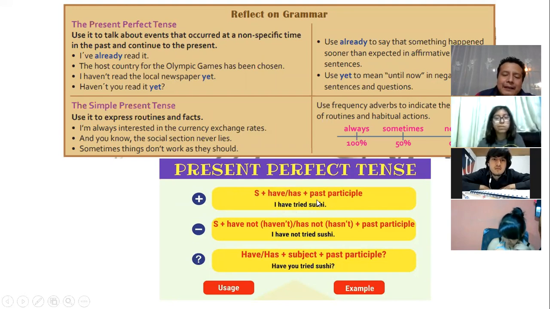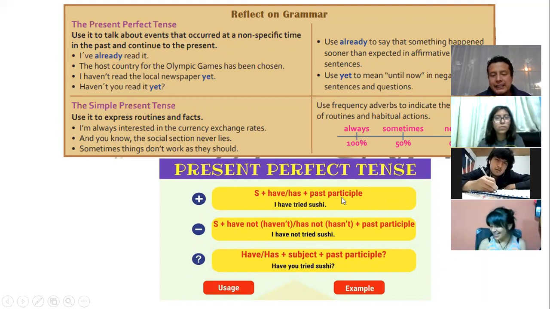If we have a third person, we use has, and with another personal pronoun, we use have. Subject plus have or has, and the past participle of the verb. Example, I have not tried sushi, and I have tried sushi, in negative and in positive.